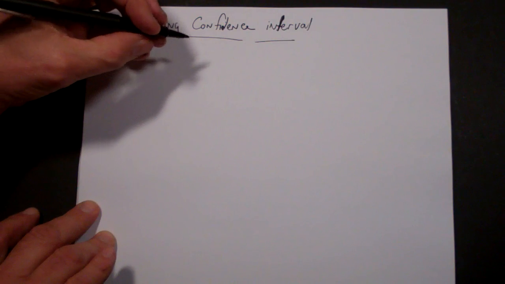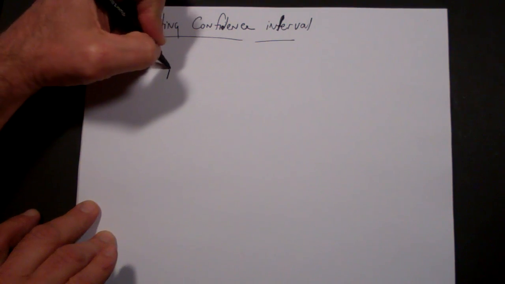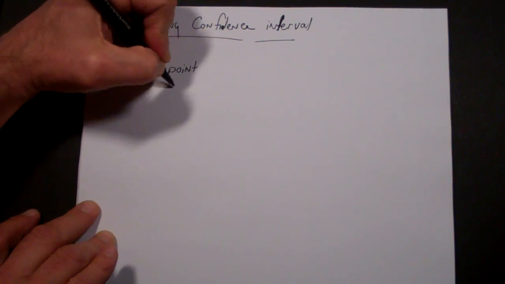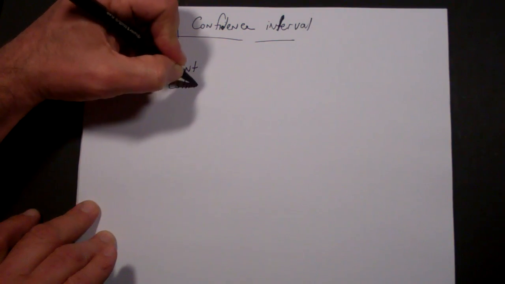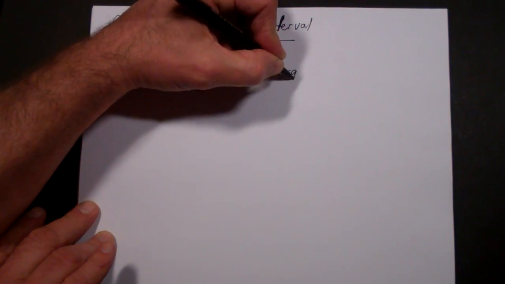So any given confidence interval is simply the point estimate plus or minus what's called the margin of error.